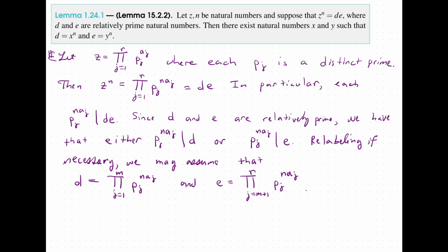But now we are done, because now we can go ahead and take x to be the product from 1 through m of the p sub j's to the a sub j's, and y to be the product from m plus 1 to r of the p sub j's to the a sub j's.